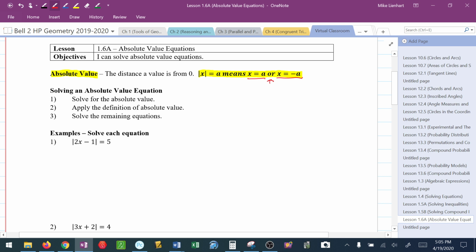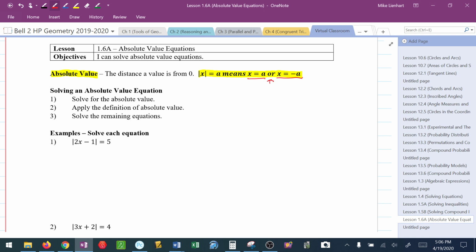Okay? So how do I solve an absolute value equation? First thing I've got to do is solve for the absolute value. That means anything on the same side of the equal sign as the absolute value sticks, I've got to move to the other side. So our goal is to have the absolute value all by itself first.